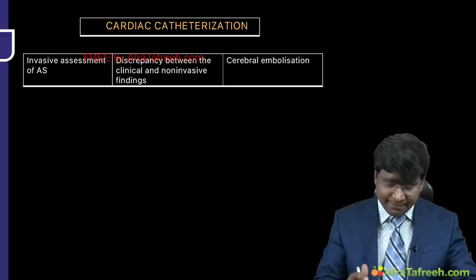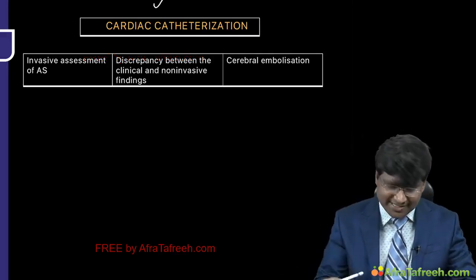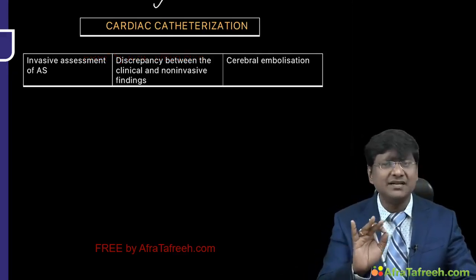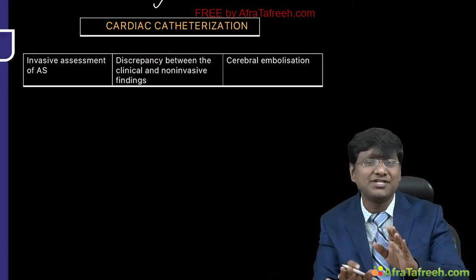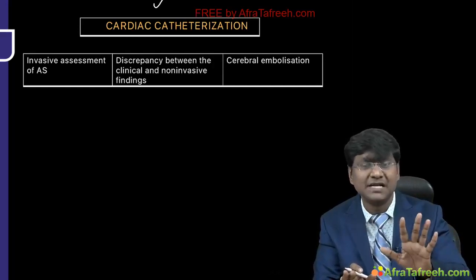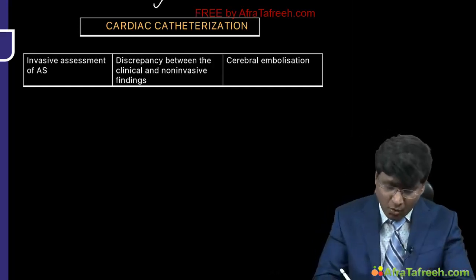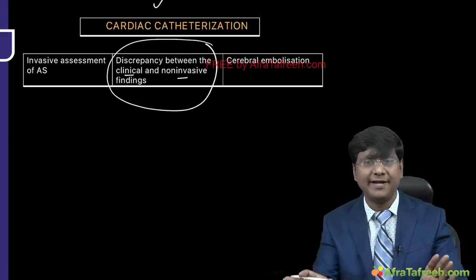Now, the next important investigation is cardiac catheterization. What is its importance? This is an invasive procedure, and it is not very frequently used. It is useful only when there is a discrepancy between the clinical and non-invasive findings.